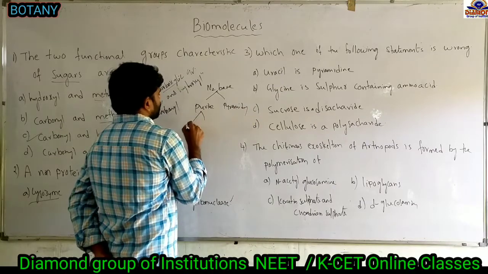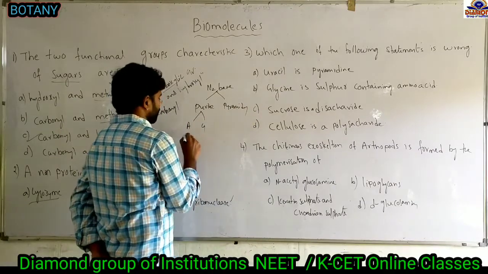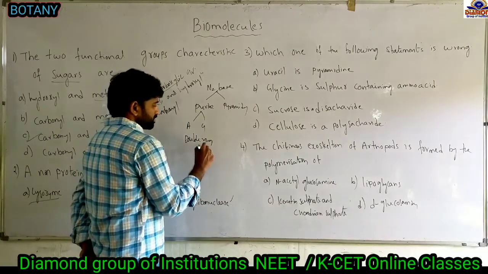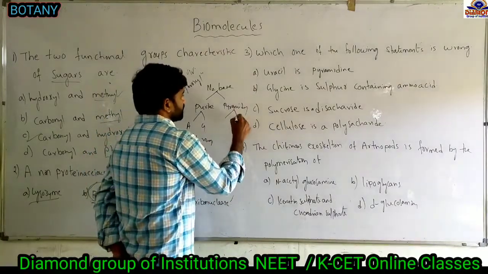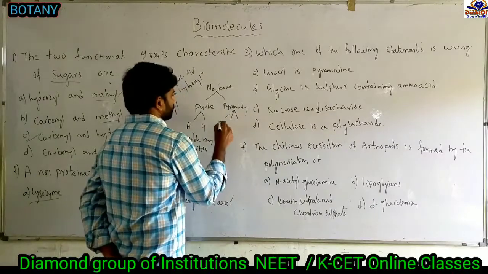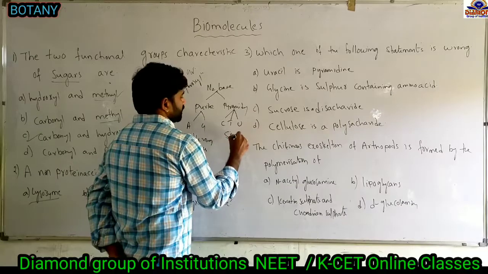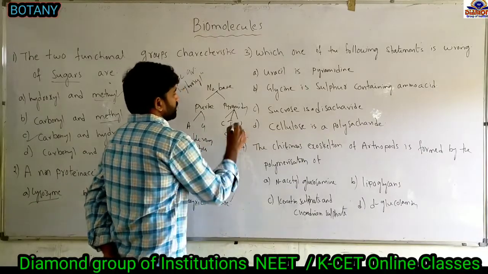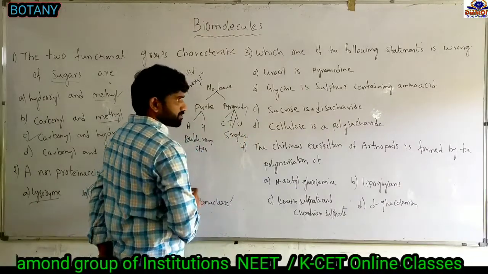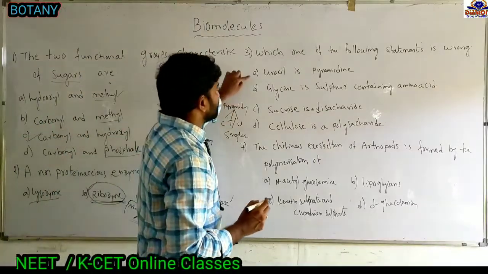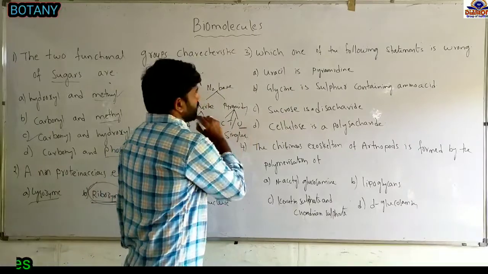Purines are two, adenine and guanine, which are double ring structures. Pyrimidines are three: cytosine, thymine and uracil, which are single ring structures. Instead of thymine, uracil is present in RNA. So yes, uracil is a pyrimidine.